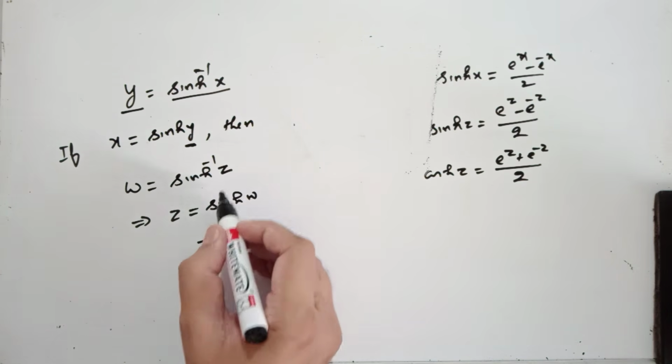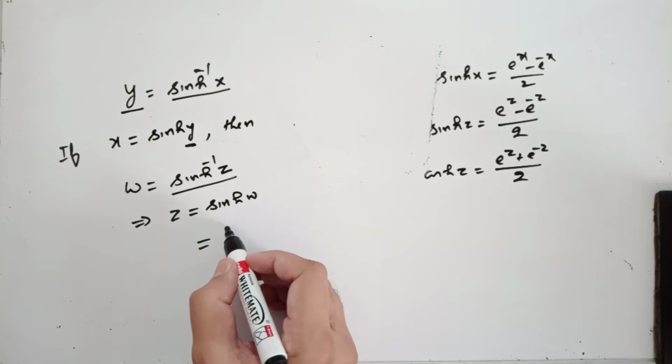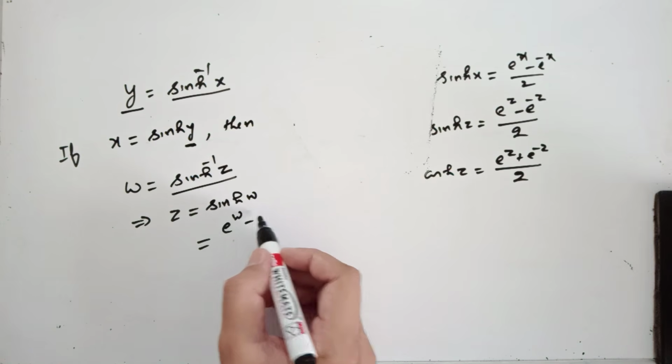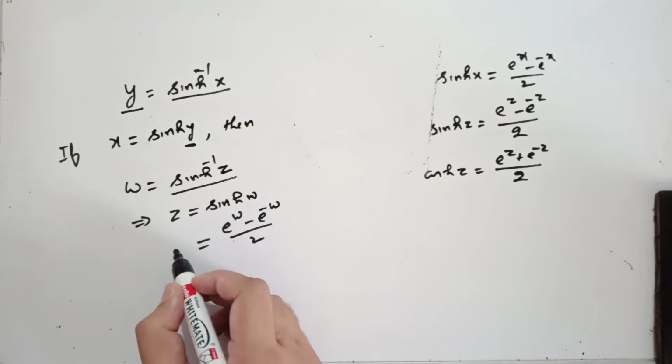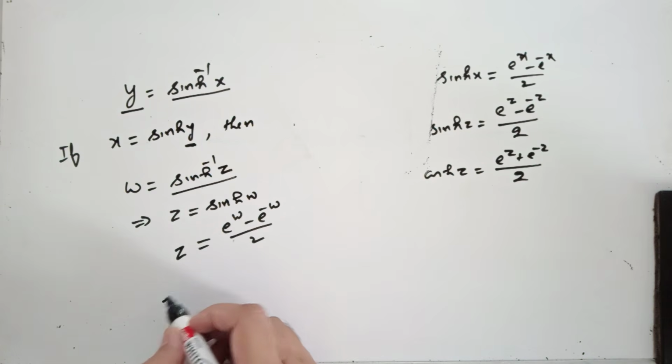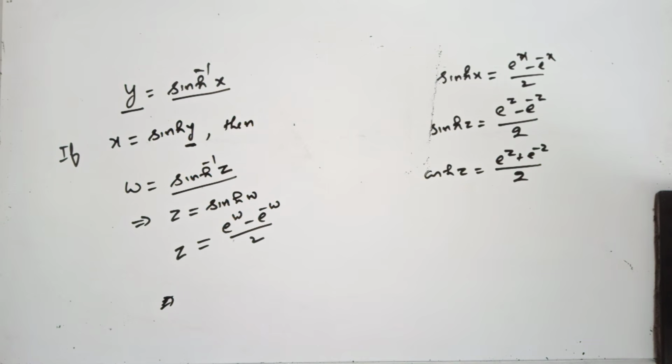Now, again, you need to calculate its expression in terms of known functions so that you can get its values. So, sine hyperbolic w, you know how to define it. E power w minus e power minus w divided by 2. Now multiply throughout by e power w, and you will get a quadratic equation in e power w.